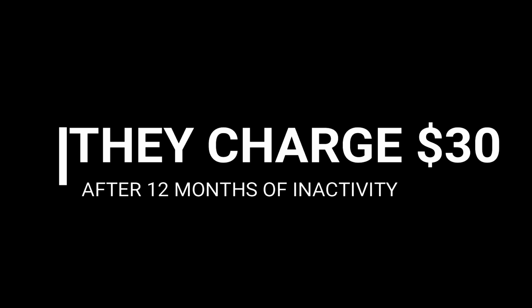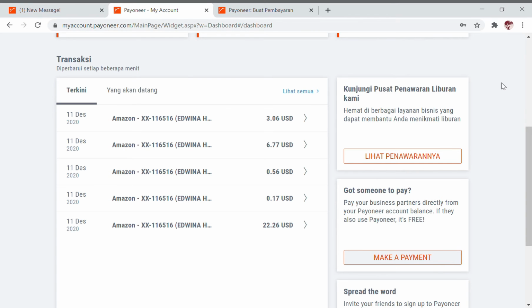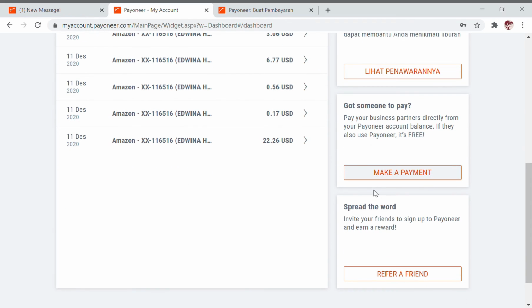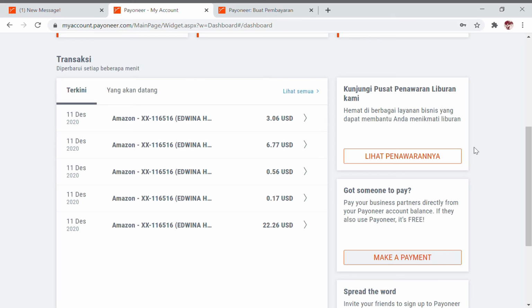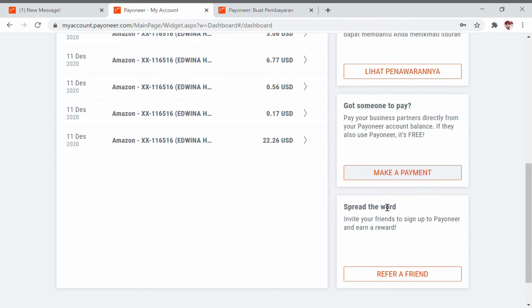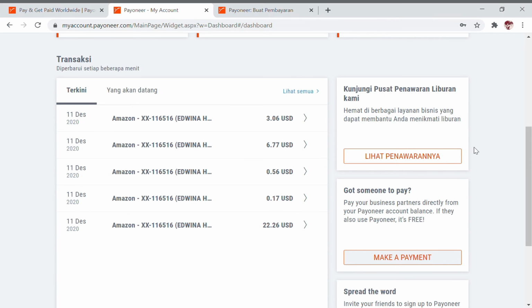And here's another thing: Payoneer is not used on many other platforms like PayPal. It says here that it's free to transfer from your Payoneer to another Payoneer account, but the problem is, how many people use Payoneer in their transactions? I think it's pretty limited at this point.